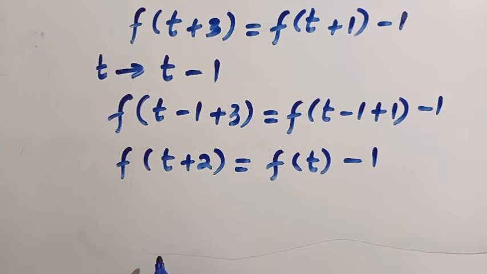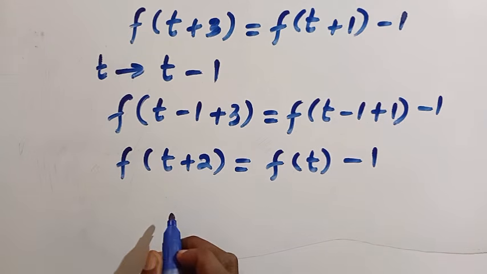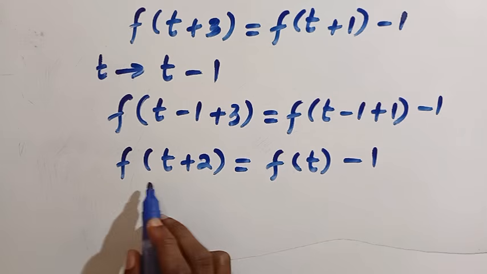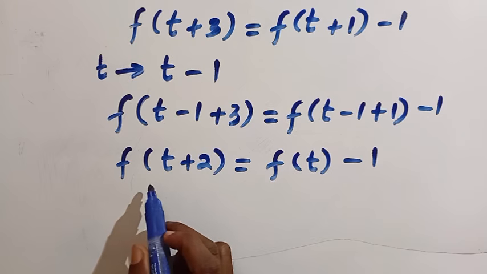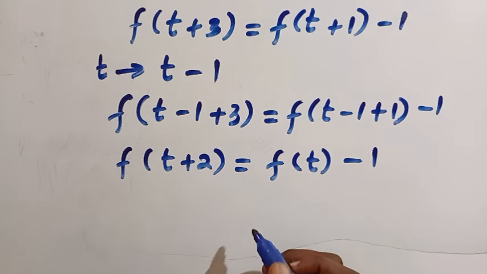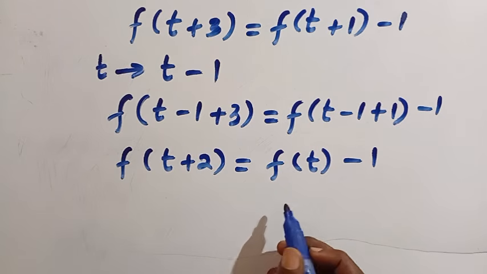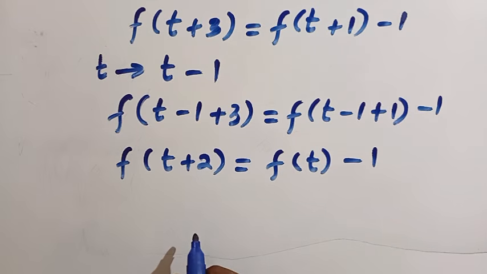This is the new function that we got, and it interprets as: each time we have an increase of 2, we have a reduction of 1 on the other side. So this is increasing by 2, and this will be reducing by 1. This suggests a linear function.